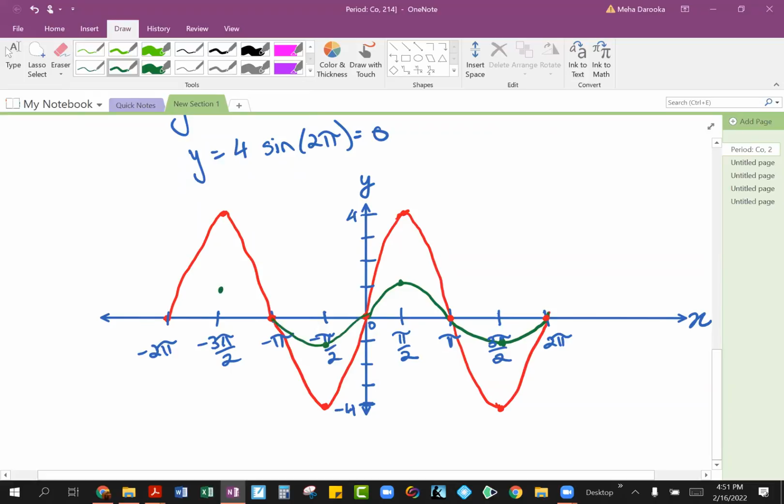So this side would look something like this. So in the green is the y equals sine x function. And then in the red, you had the 4 times sine of x function.